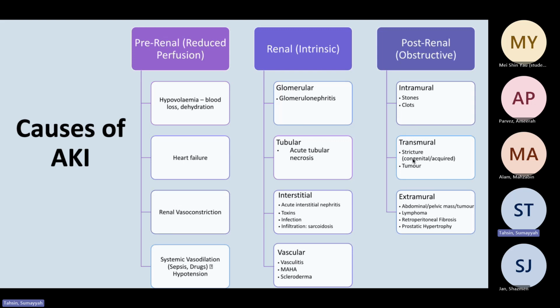For example, if there's a stricture, and this can be congenital or acquired. Then extramural, the surrounding area of the ureter, and that can be due to an abdominal or pelvic mass or tumor, a lymphoma, retroperitoneal fibrosis, or prostatic hypertrophy, which can impede the ureter.